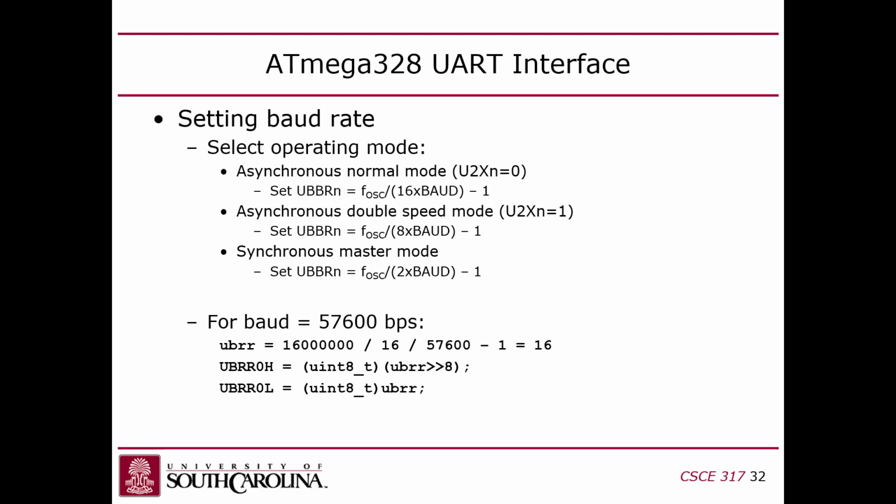So there is a control register called UBRRn, which is used to set up the speed. In all of the projects we've done so far, we've used 57,600 baud, which is 57.6 kilobits per second.